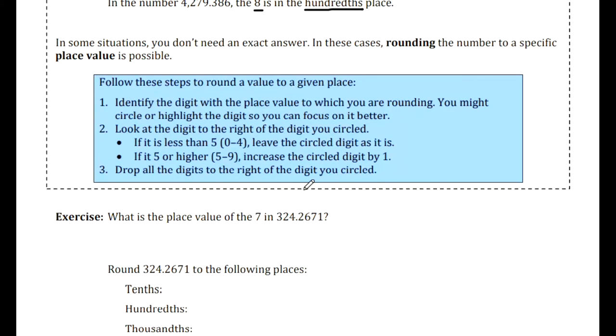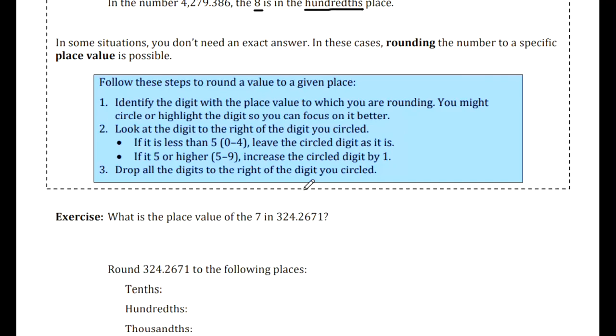Often we'll round numbers, depending on how much accuracy we need. The rules for rounding are found here in this blue box. First, we identify the digit with the decimal place value to which we're rounding. You can circle it, you can highlight it, mark it in some way.